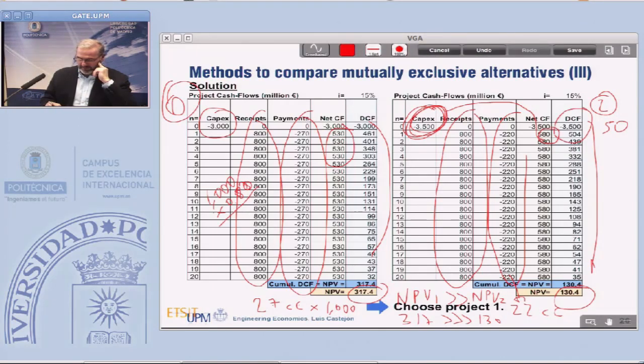The 50 million per year, at a cost of 500 million more investment, doesn't deserve the merit of the project. So it's better to invest in technology 1, which is cheaper and generates a higher net present value. So I think it's a clear example.